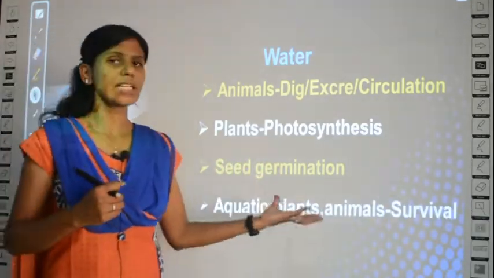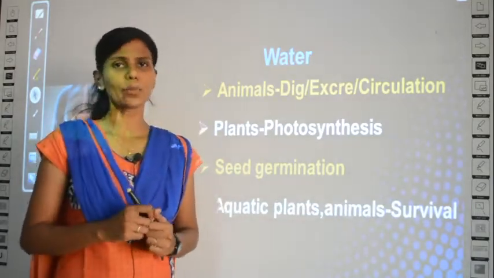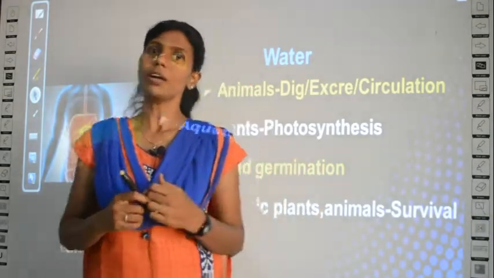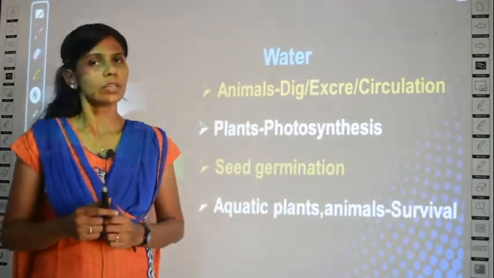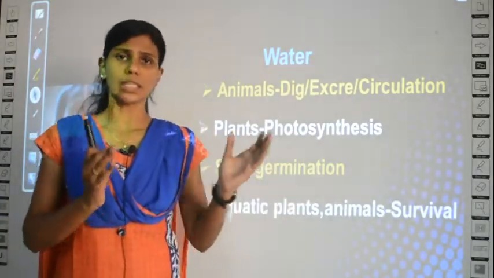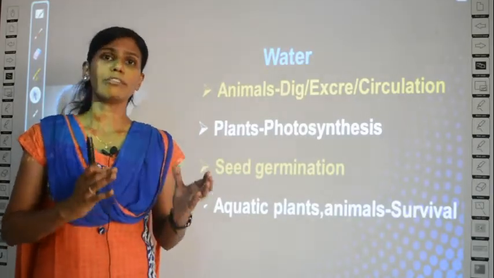And again, aquatic plants and animals need water for their survival. What are aquatic plants and aquatic animals? One aquatic animal you can call fish, right? Because this group of plants and animals definitely need water for their survival.